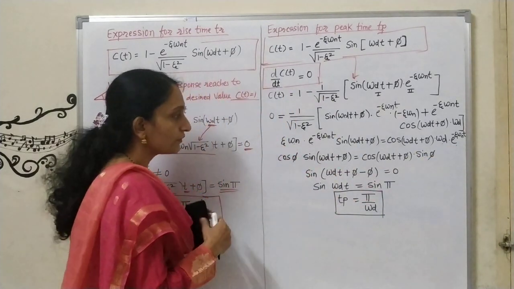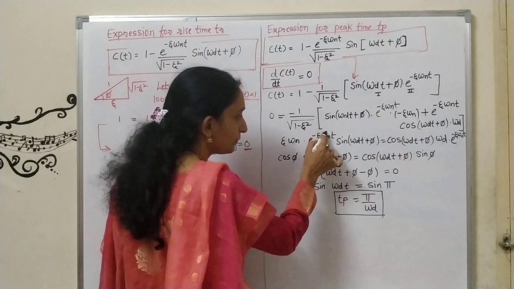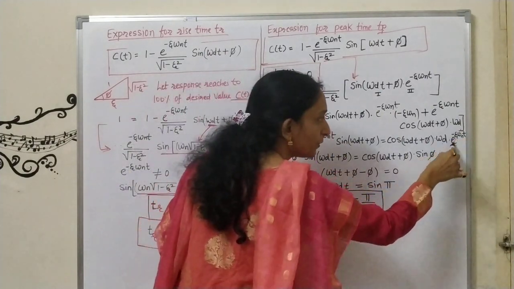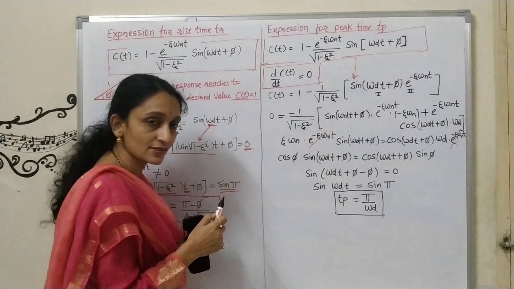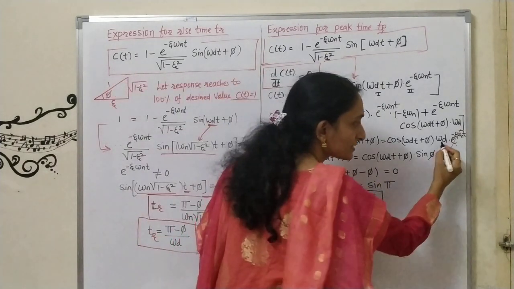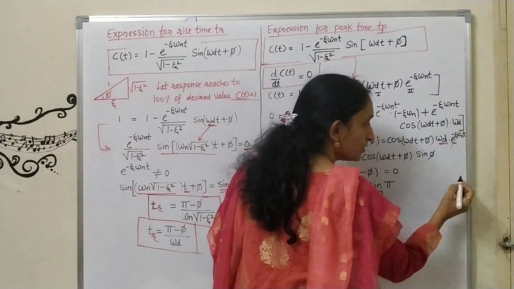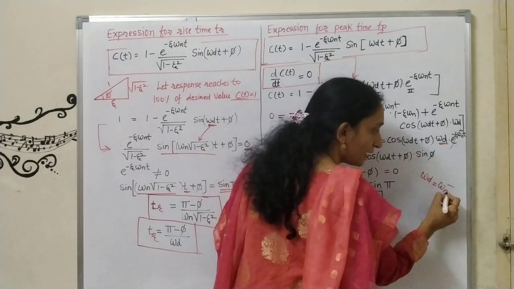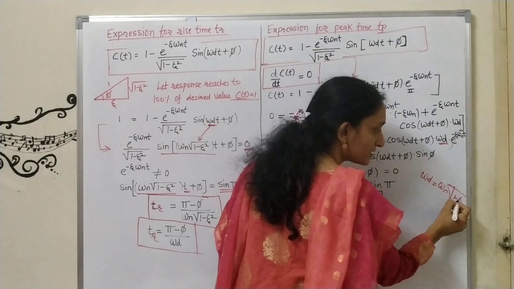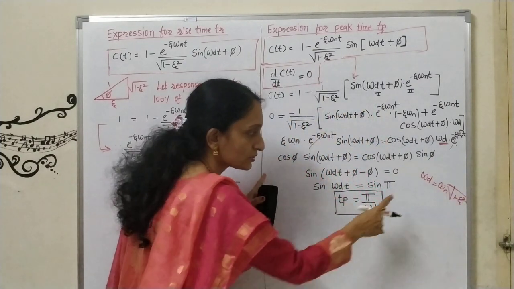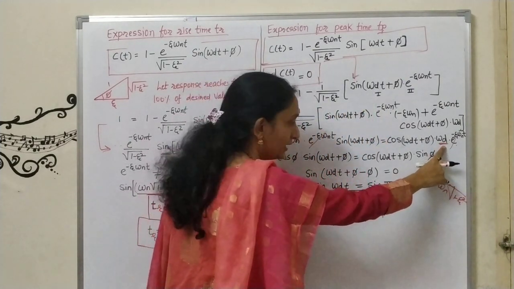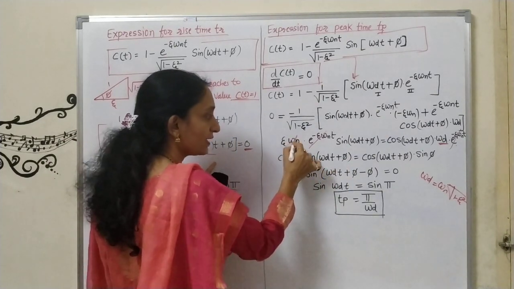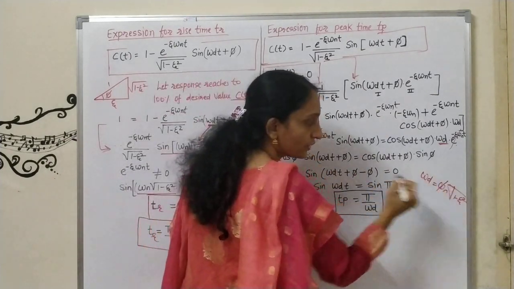Now you can check that e to the power minus zeta omega n t on both sides will get cancelled. One more thing is that the omega d part is there. We know that I can replace omega d with omega n under root of 1 minus zeta square. If I replace this omega d, you can check that this omega n and this omega n will get cancelled.